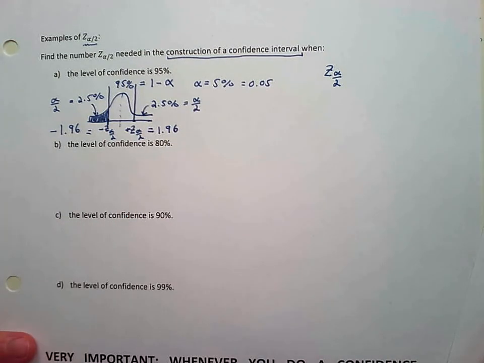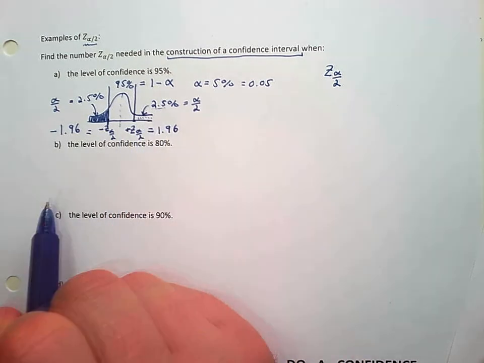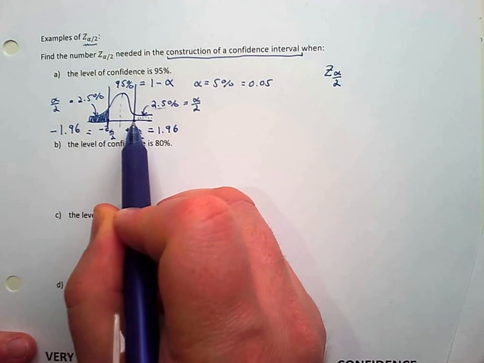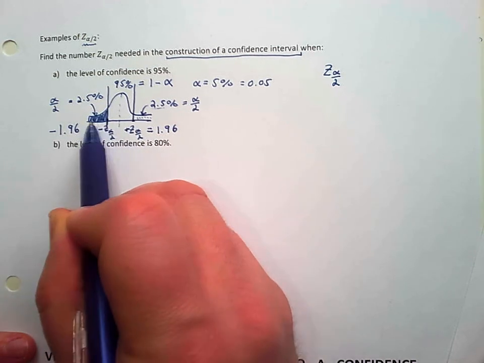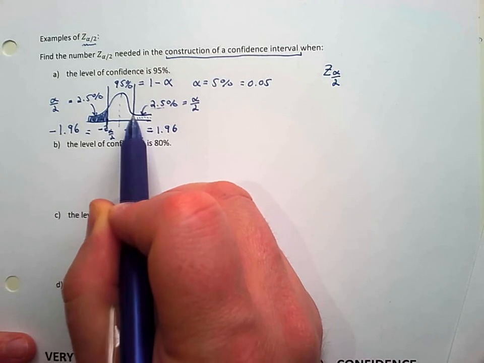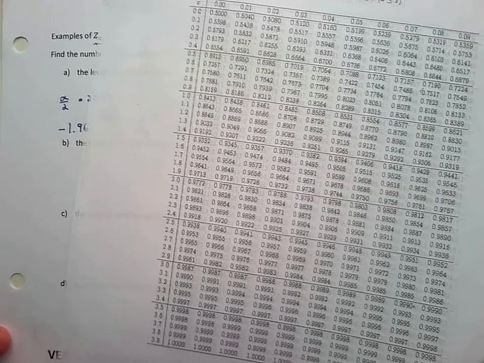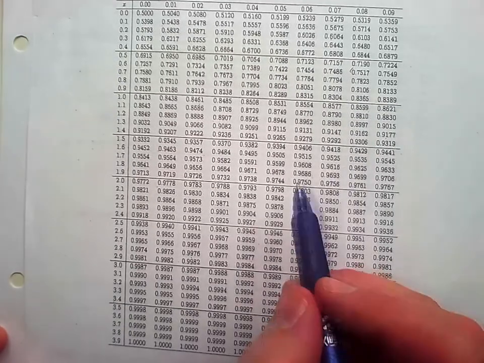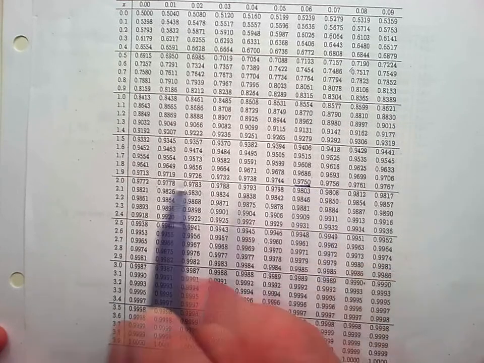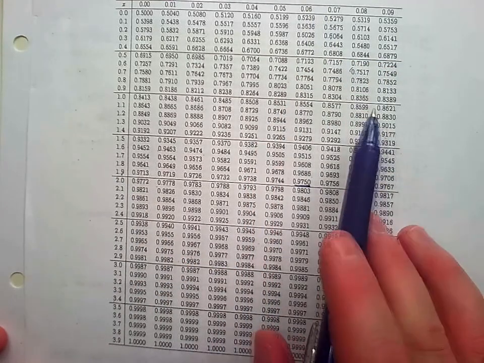If you're not too sure of that, keep in mind that if we have 2.5% right here in this upper tail, then from here on down, we should have 97.5% of our distribution, right? So you could also go looking for 97.5%, which would again be right here. And sure enough, it's going to lead you to a positive 1.96 for your z value.